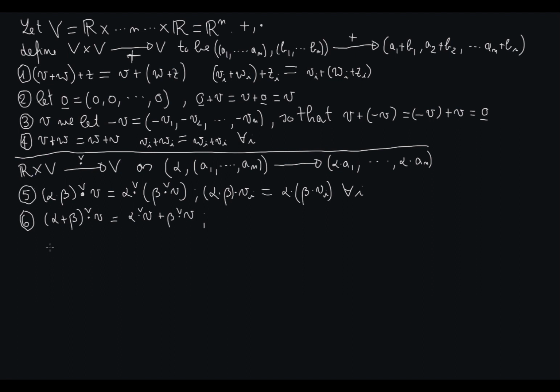The same goes for the seventh property, which is the distribution law with respect to the sum inside V this time, not R but V. So alpha times v plus w, is this equal to alpha times little v plus alpha times w?